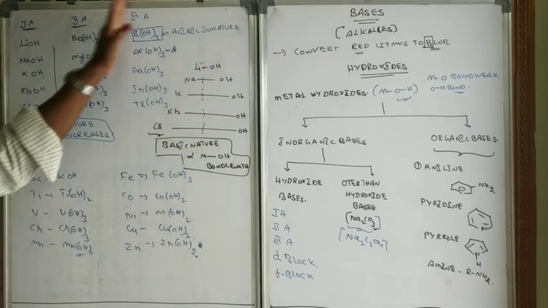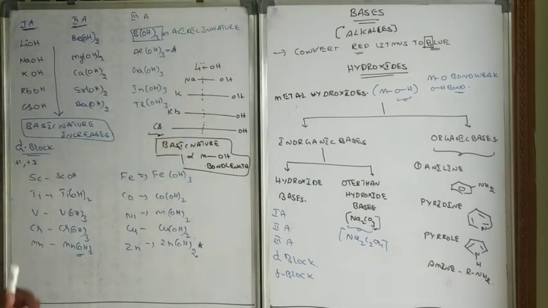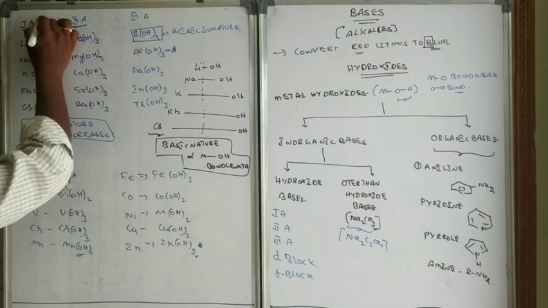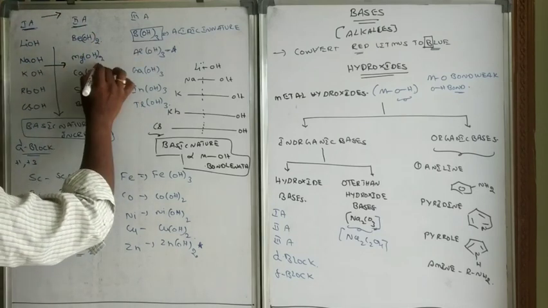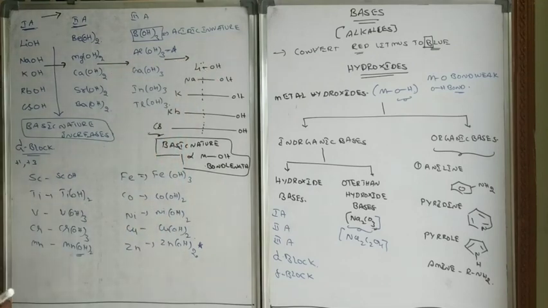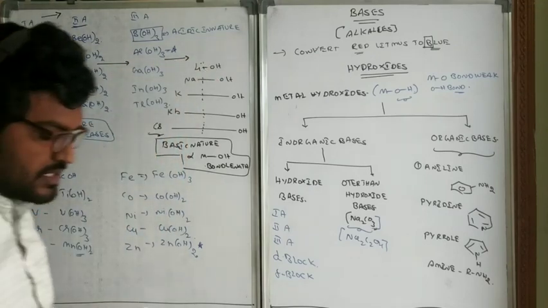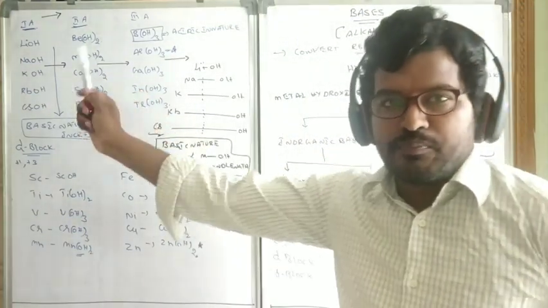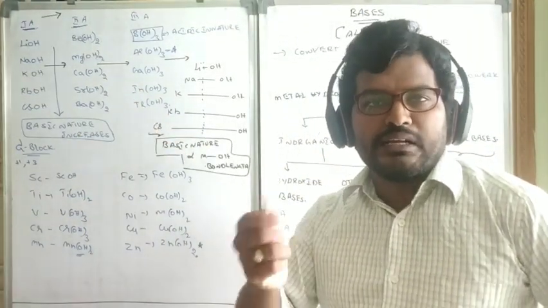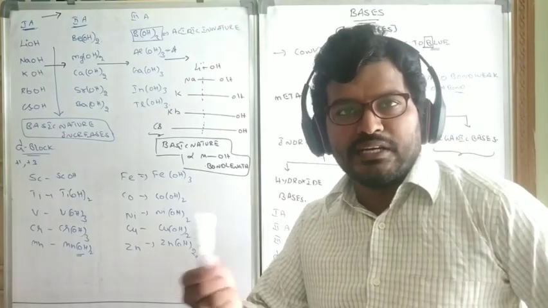Sir, what about from left to right? Here you see lithium hydroxide is there, beryllium hydroxide, and then sodium hydroxide, magnesium hydroxide, and aluminum hydroxide. Which is more basic in nature? You know from the periodic properties, when the periodic table comes, I will explain in detail about that.